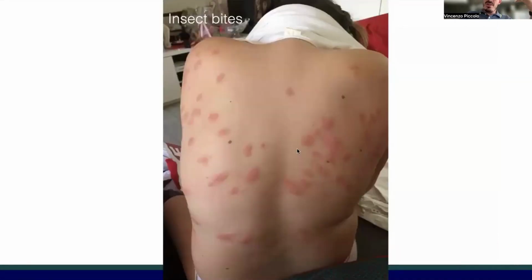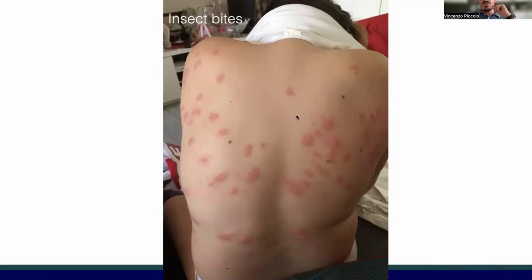Insect bites are another very common condition, usually affecting the trunk or limbs or face, so all the body surface may be affected, and sometimes after traveling around the world or being in an open place, some patients can experience this condition that is characterized by these urticaria-like lesions, infiltrated and itchy, that develop all together or soon after each other.